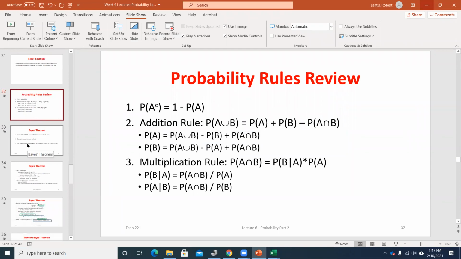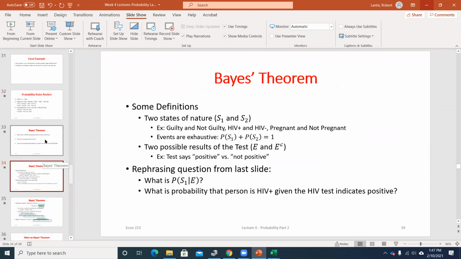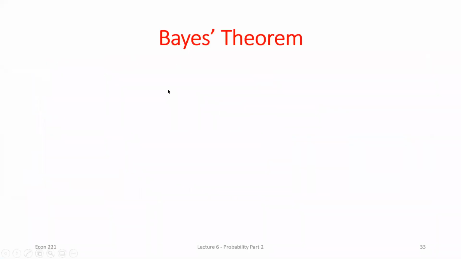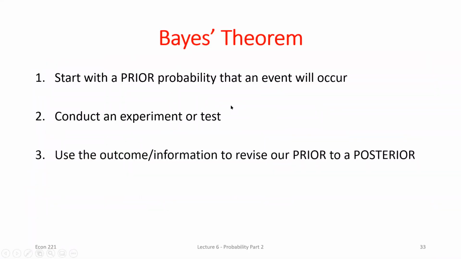I do want to introduce this idea before we get out of here. Bayes' theorem, which we're going to do on Friday and probably even spill over into Monday. The whole idea is that there's an underlying probability of something. Maybe I don't think anybody in this world, no matter who you select at random, can dunk on a 12-foot rim.